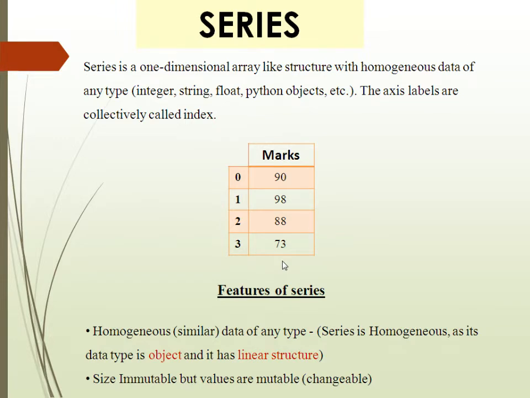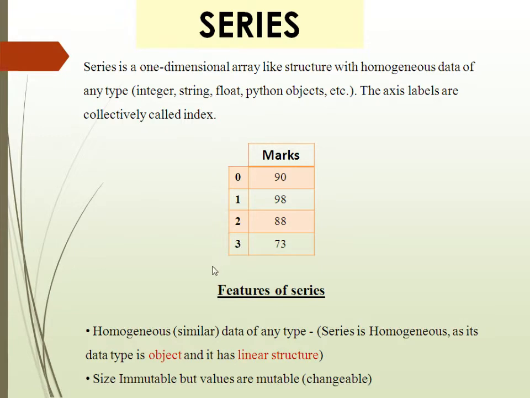Homogeneous means any type of data you can include in this type of series. So first I have taken the series of marks 90, 98, 88, 73. This is the header row and these are the values. These are the data. And 0, 1, 2, 3 is the index number.